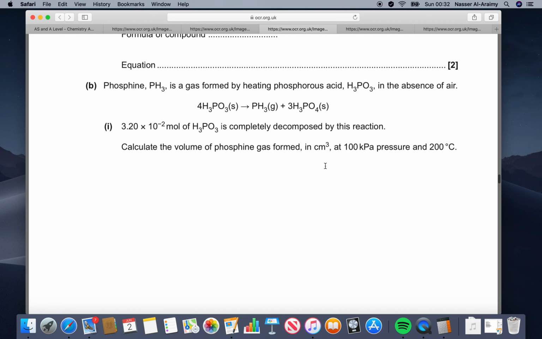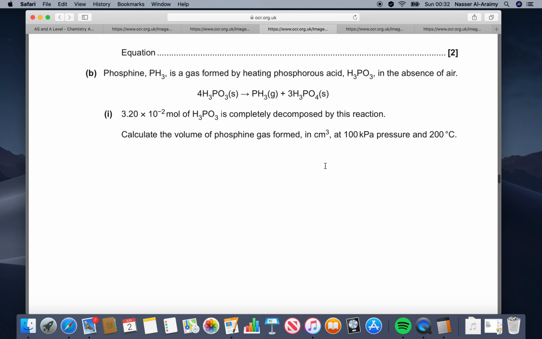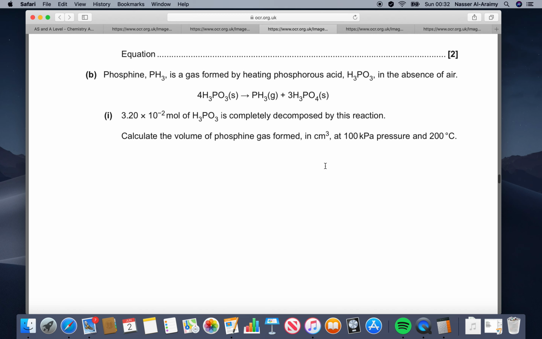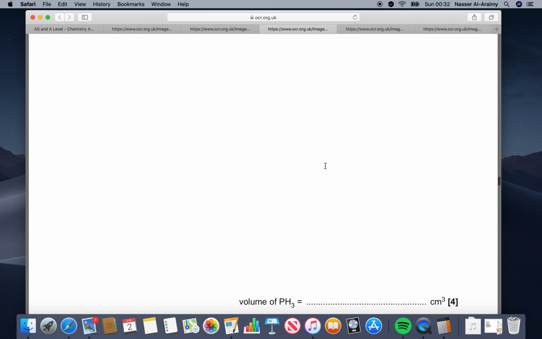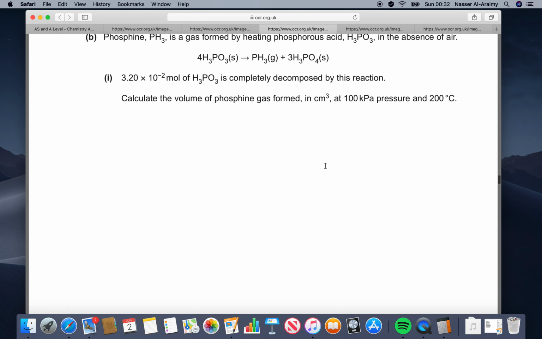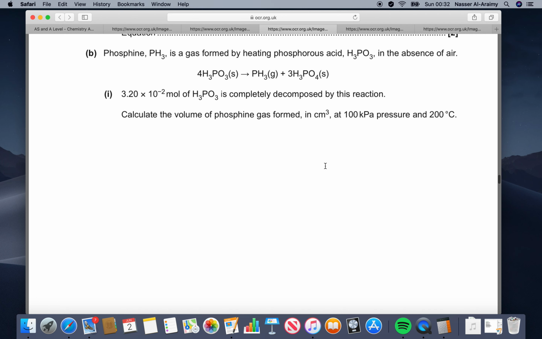This one. Calculate the volume of phosphate gas formed. So, you see these ones, this is a 4-mark question. So, this one is going to involve a few steps.